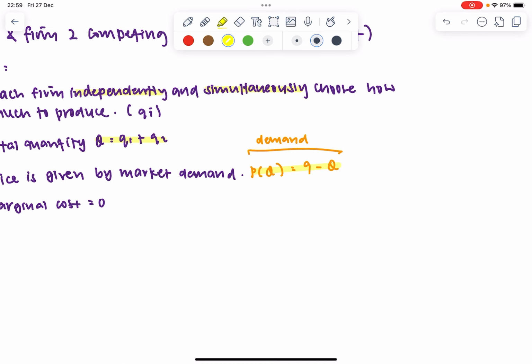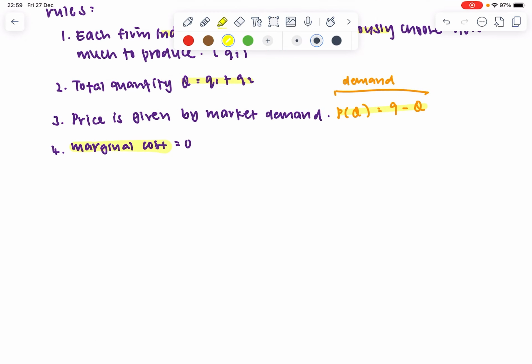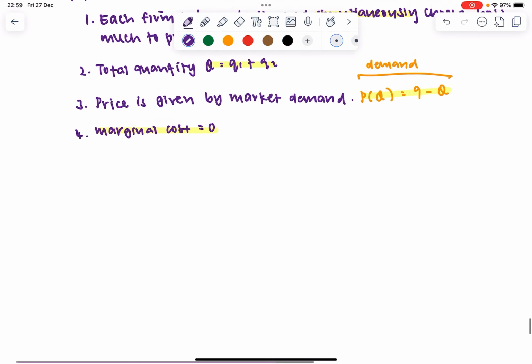The price equals 9 minus Q, and for this case, we say that the marginal cost equals 0. So we set up the payoff structure for both firm 1 and firm 2. The profit of firm 1, pi 1, is nothing more than the total revenue of firm 1 minus the total cost of firm 1.